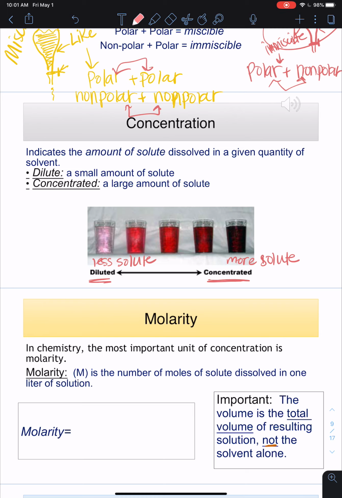If I came up to you and I had a jug of concentrated sulfuric acid, like 12 molar, and I had another jug of 1 molar, so dilute sulfuric acid, you would not be able to tell just by looking at it which one is which. So it's not always this easy to look at the colors, but this color gives you an idea that dilute means less and concentrated means more.